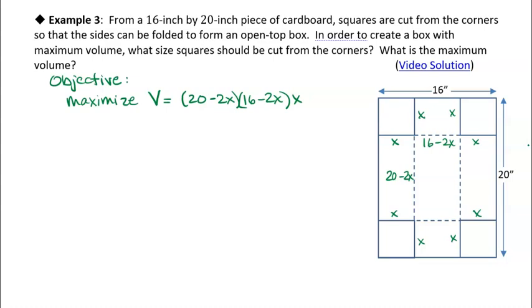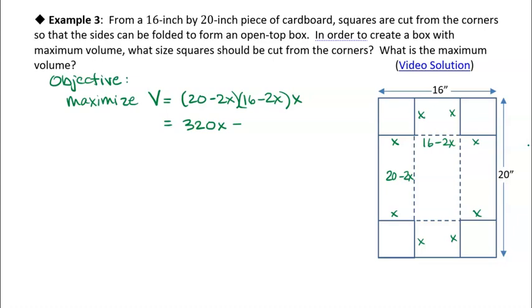Now, it'll probably be easier if I FOIL this out and expand everything. So I get 320, and I'm also going to multiply through by the x. So 320x, and then the middle term, I have 16 times 2, a negative 32 and a negative 40.